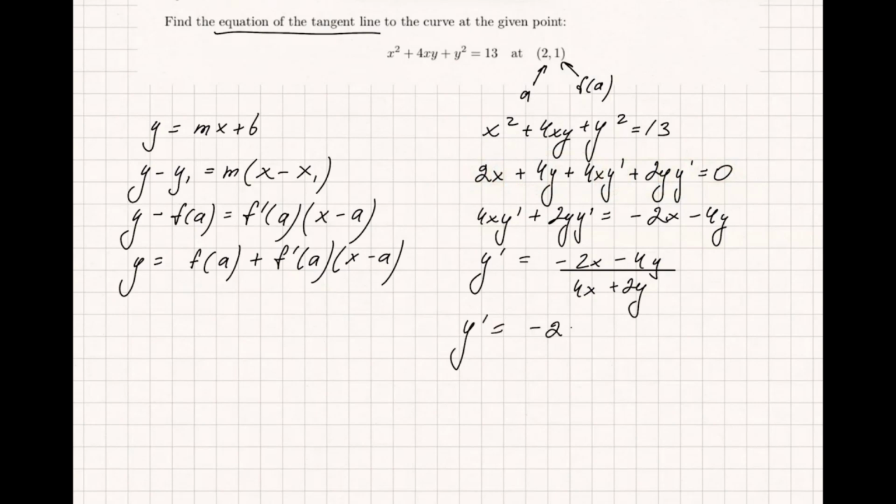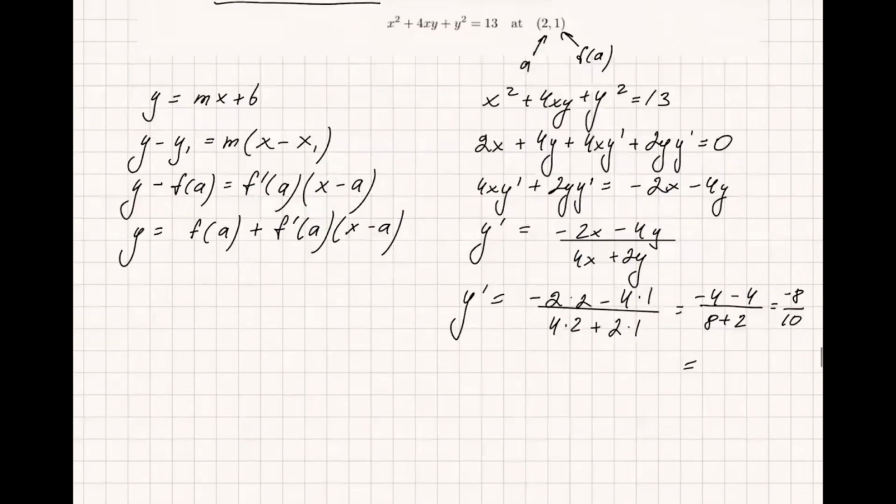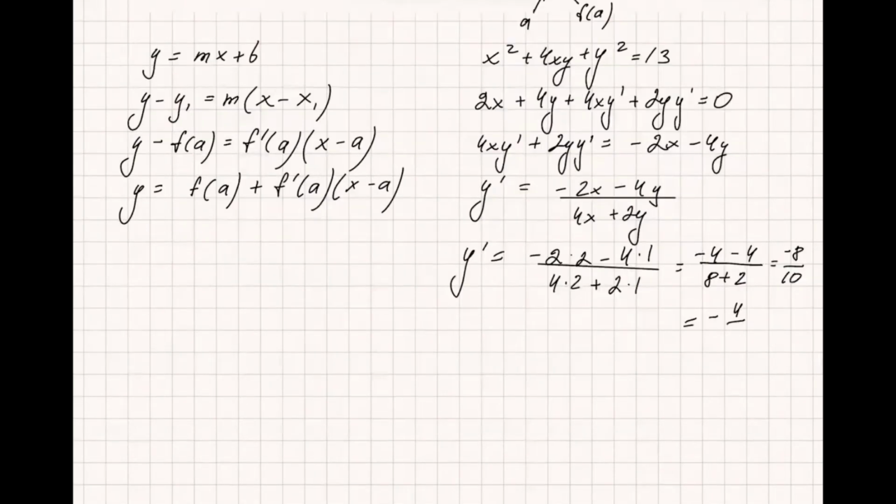I have negative 2 times 2 minus 4 times 1 over 4 times 2 plus 2 times 1, and I get negative 4 minus 4 over 8 plus 2. So I have negative 8 over 10, which is negative 4 over 5.